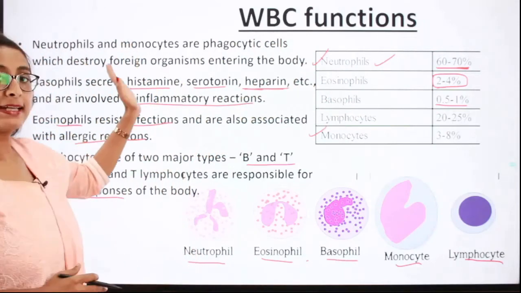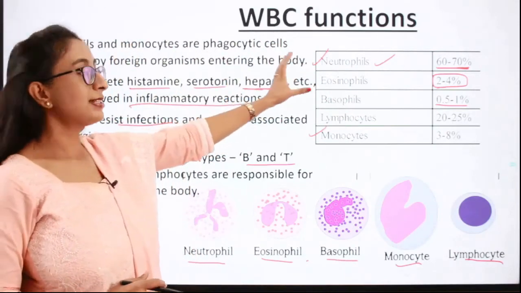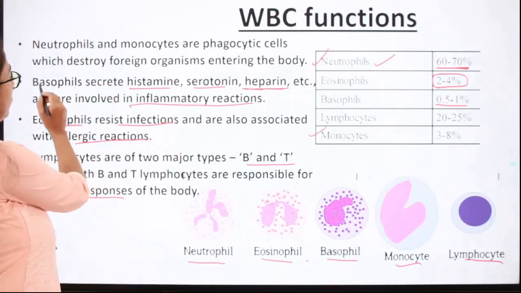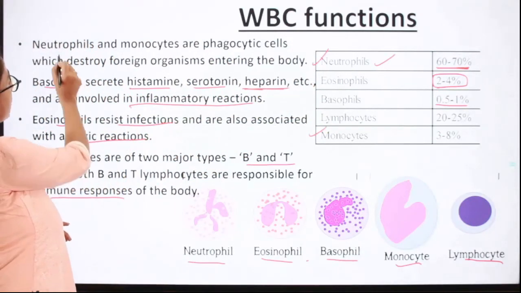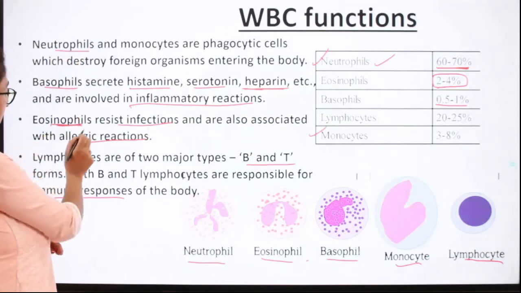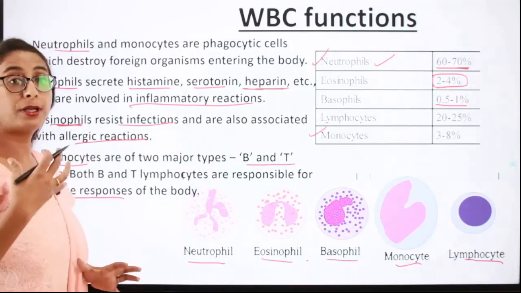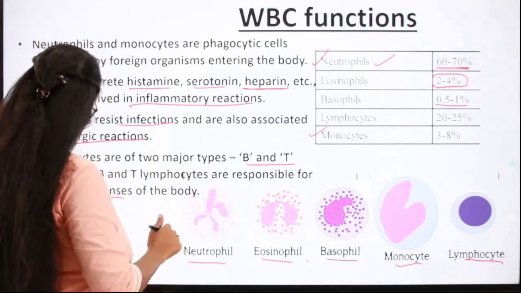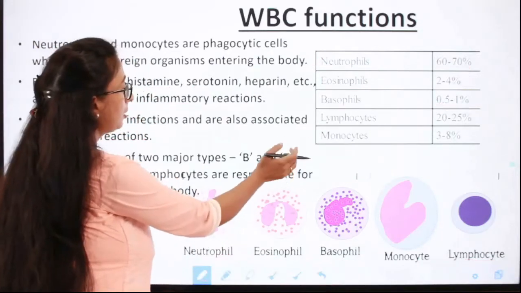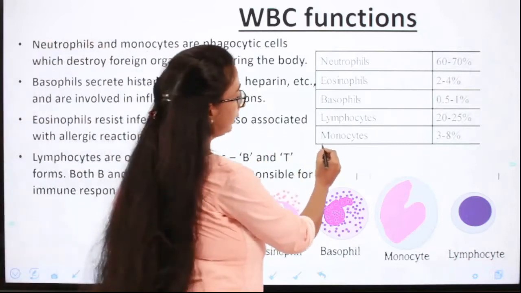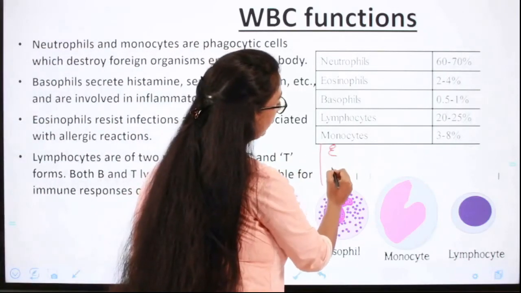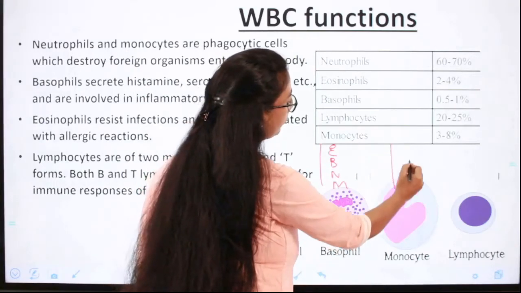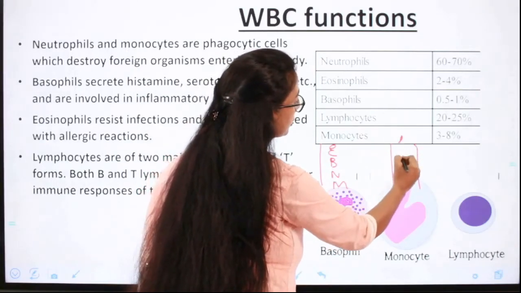Did you understand what the different WBCs are, what their percentage is and what their function is? The functions of the basophils, neutrophils, eosinophils and the lymphocytes can appear as a match the following question. In one column they would have mentioned eosinophil, basophil, neutrophil, monocyte, the different WBCs, and in another column they would have mentioned the different functions.